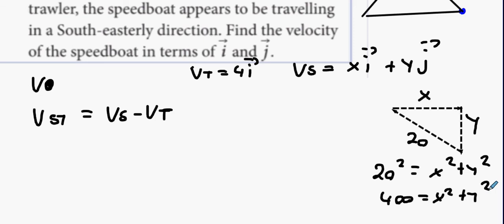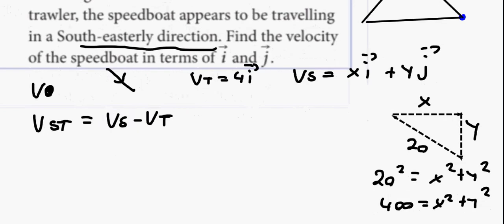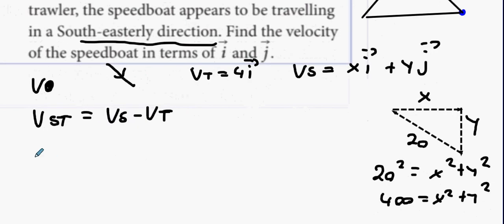Now, the next thing we might do after that is follow through with our law here, aren't we? VST, and we know it appears to be travelling in a southeasterly direction, which means we're going southeast. So here's what we're going to do.